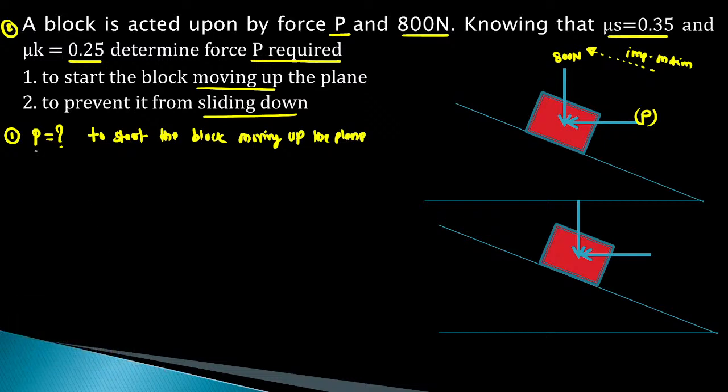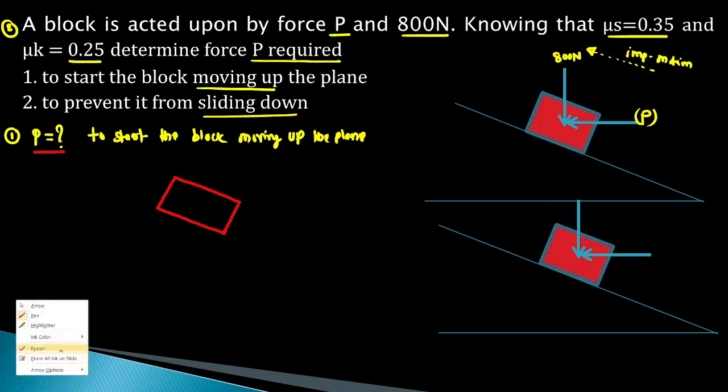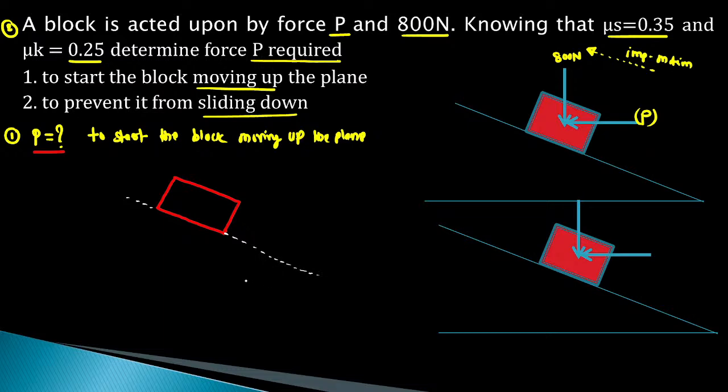So, now to find out the P value, we have to draw the free body diagram. So, this angle, that is angle of plane, is given as 25 degree.